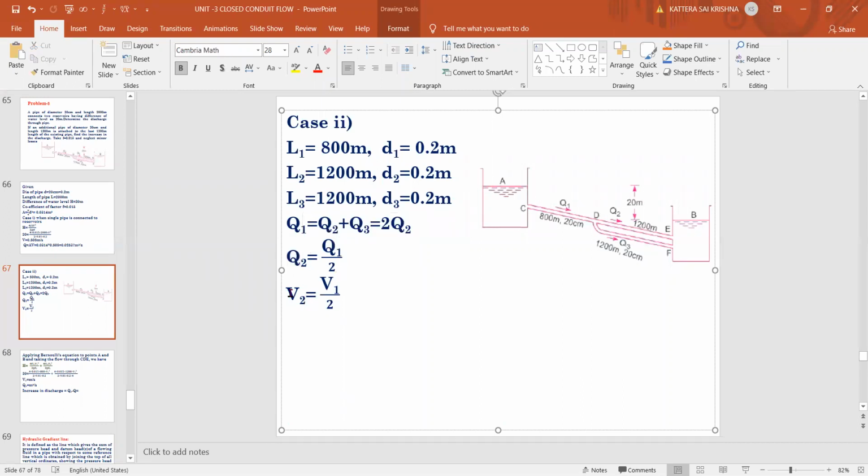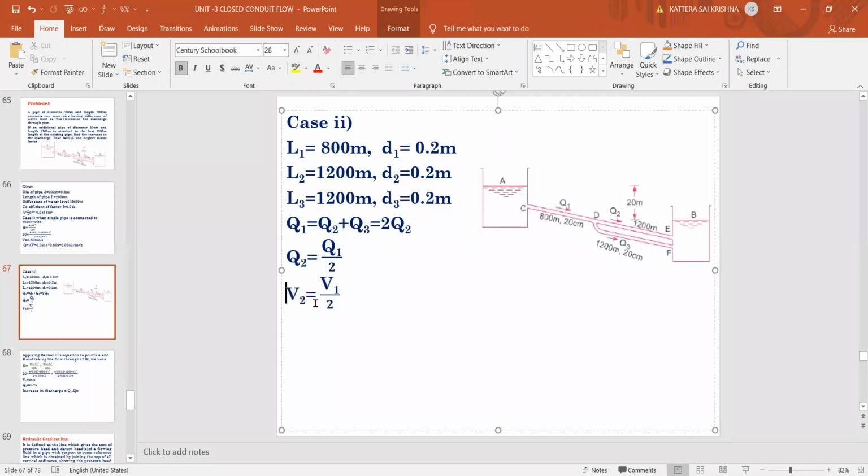So from this, we can write velocities also equal. Suppose if you write here A2 V2, here A1 and V1. So already you know cross-sectional areas for all the 3 sections are same. So A2 and A1 get cancelled. So we'll get V2 equal to V1 by 2.